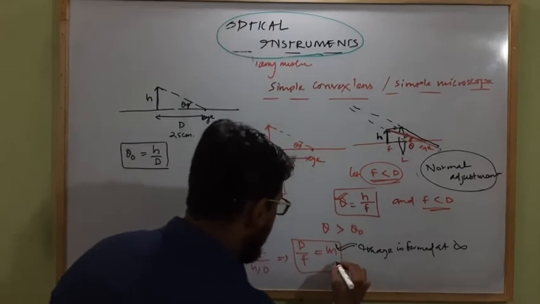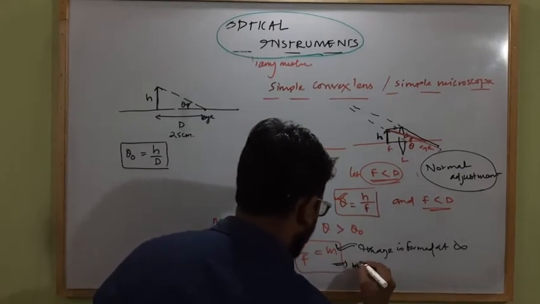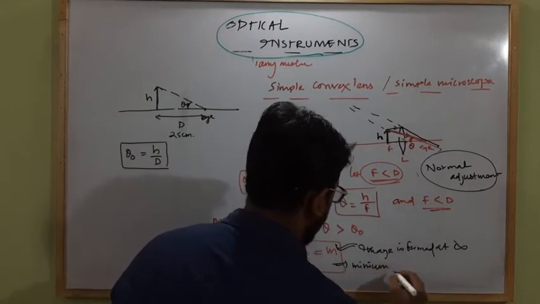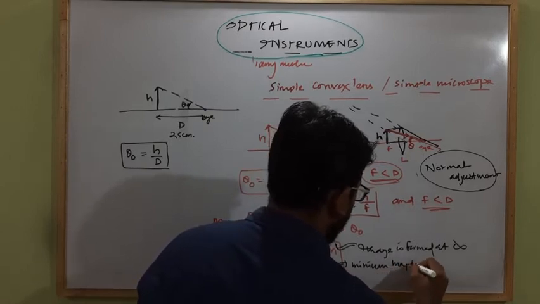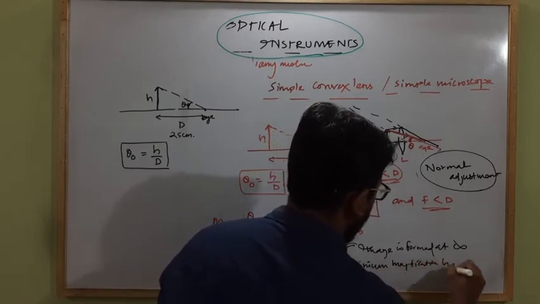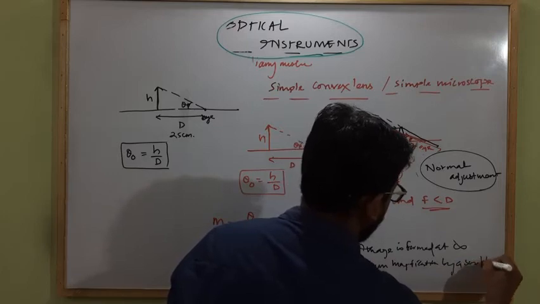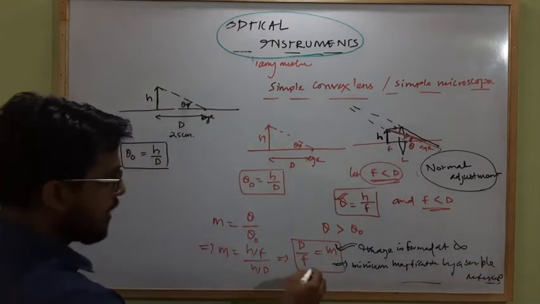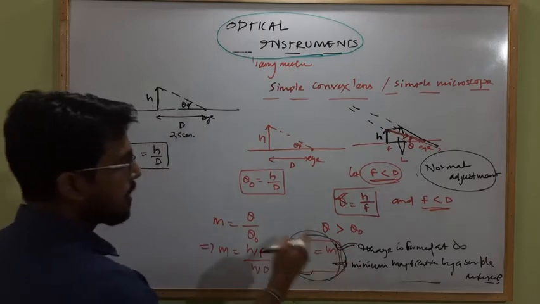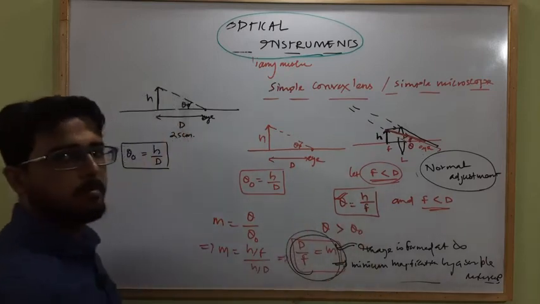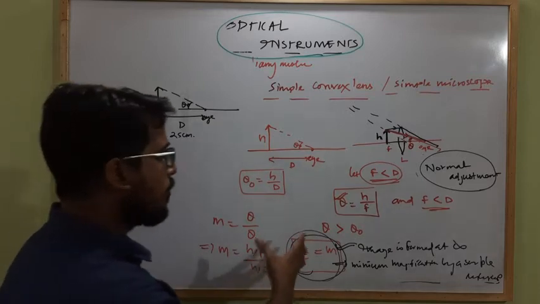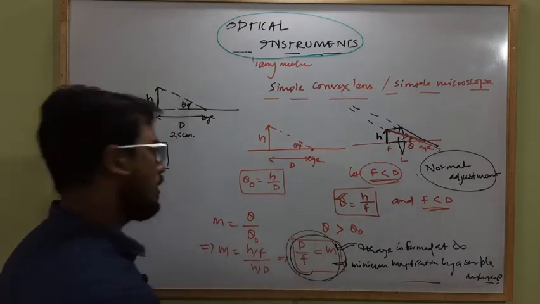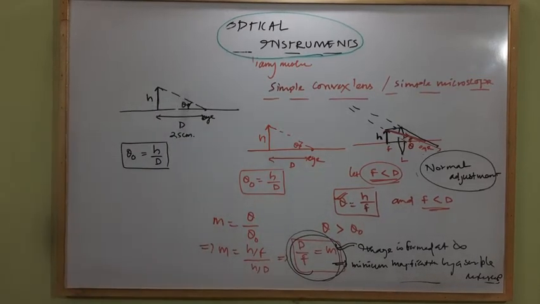So this is the minimum magnification by a simple microscope. Okay, so d by f is the minimum magnification that can be obtained by using a simple microscope. So can we further increase the magnification? Yes. How can we increase the magnification further?